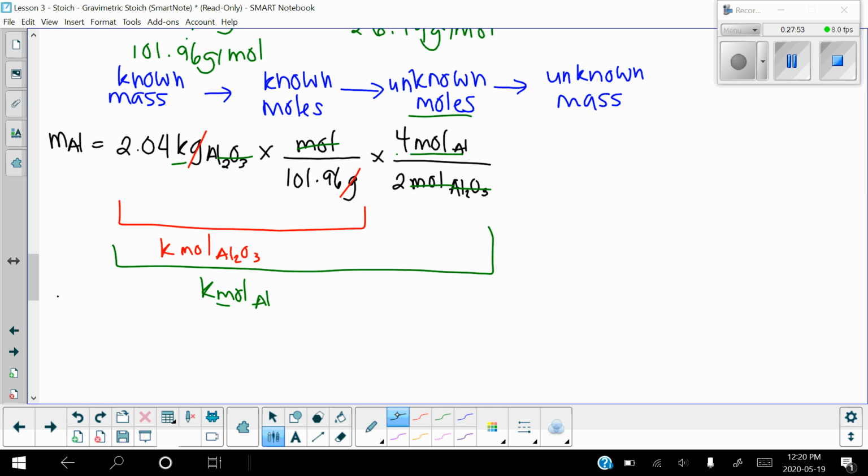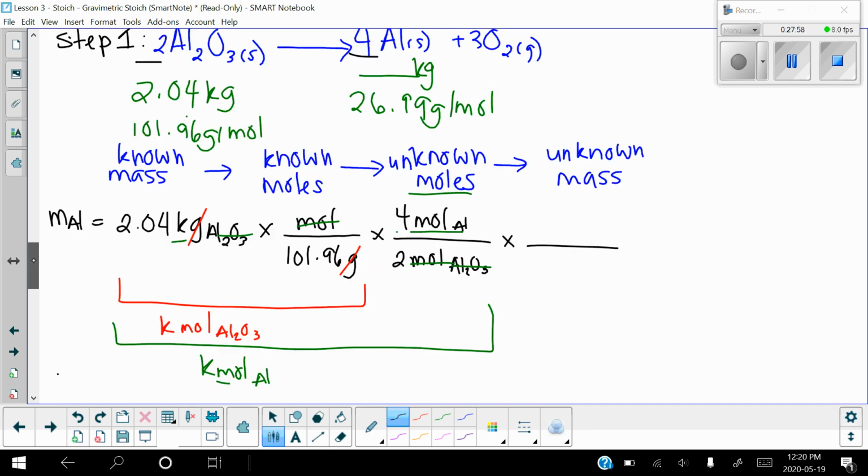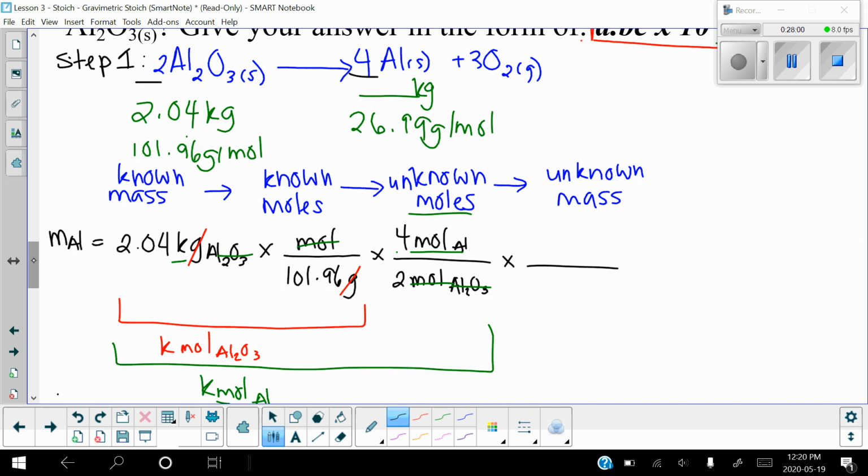Lastly, we need to convert to our unknown mass, and I'm going to use my molar mass. 26.99 grams per mole. Let's use a different color. Mole cancels out with moles.